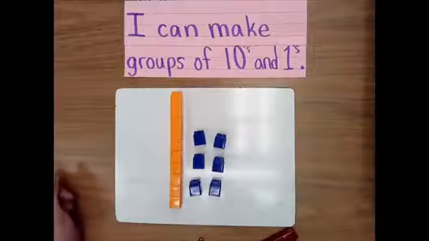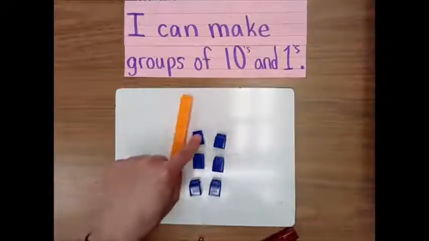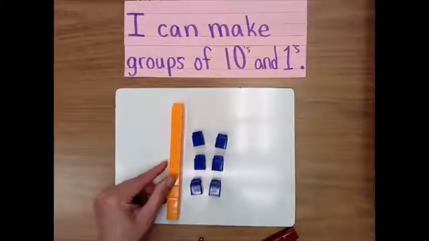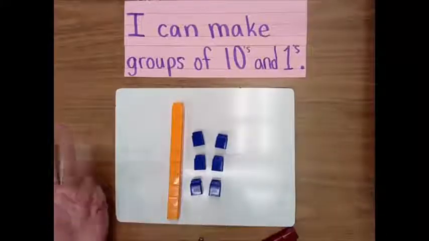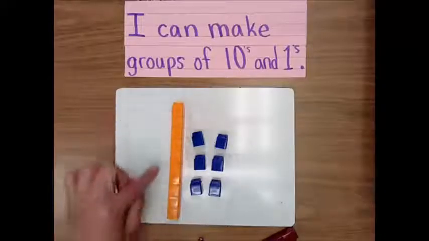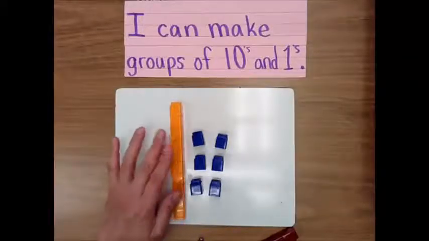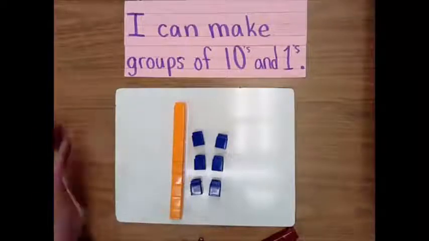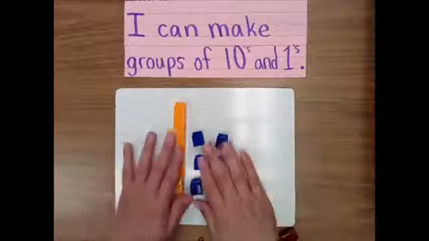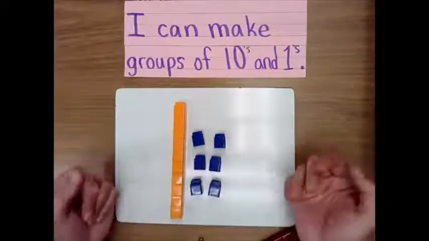So let's count this. 10, 11, 12, 13, 14, 15, 16. I still have 16. So again, regrouping, I just made groups of 10 and it gave me 16, just like before. And so the answer is still 16. This is just a faster way of counting.